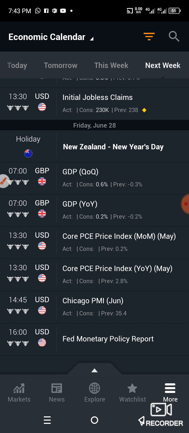Another thing is there is some events that the data is 50-50, something like interest rate, CAD interest rate. Sometimes you will see the data will be 50-50.